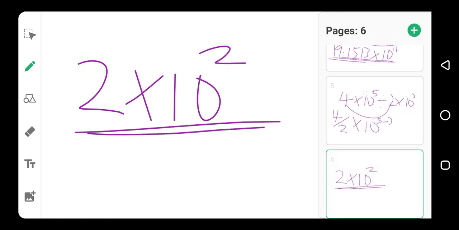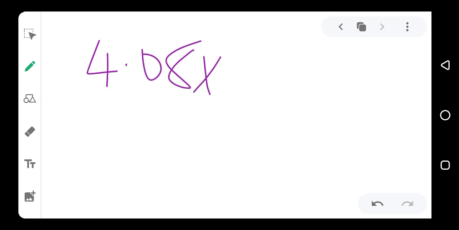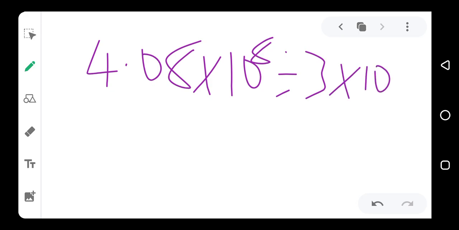Now let's look at this example again. Assuming we have 4.08 times 10 raised to power 8, then divided by 3 times 10 raised to power 6. How do we do this?